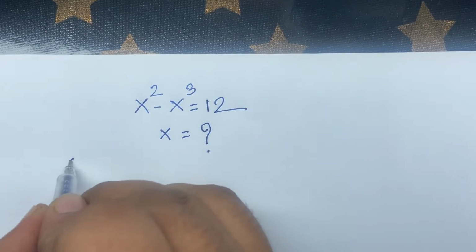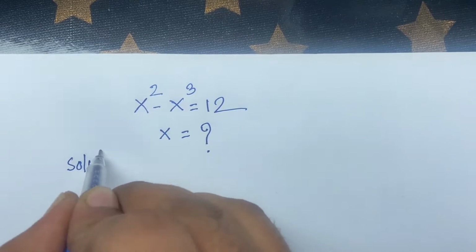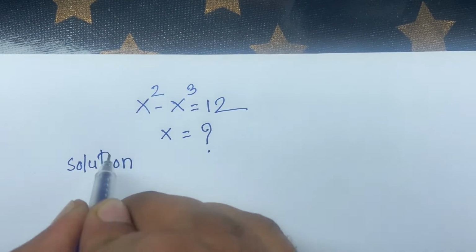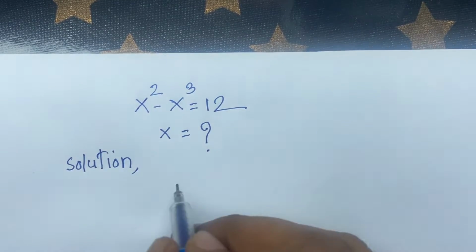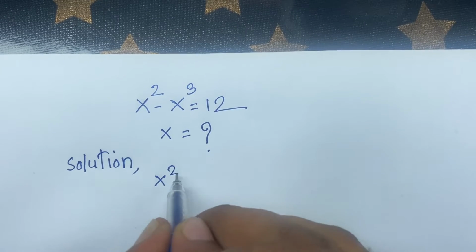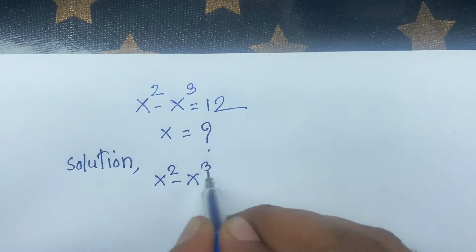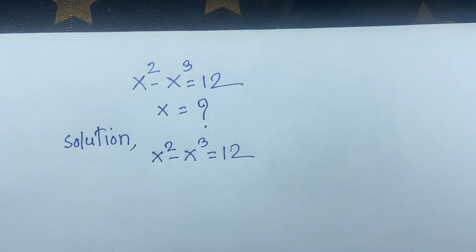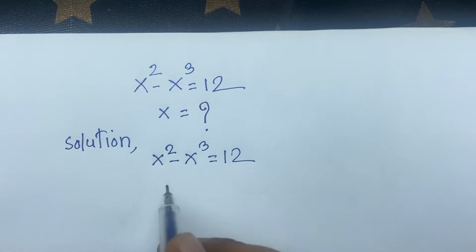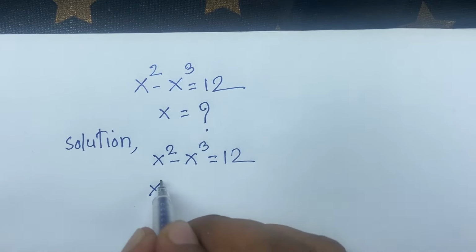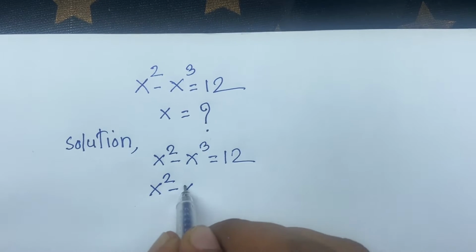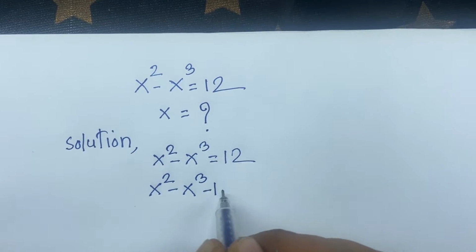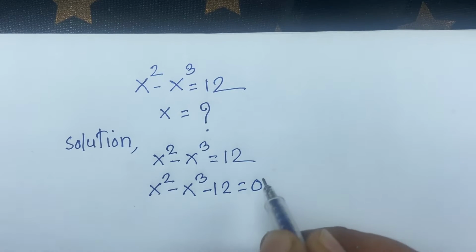So, solution. First of all, I can see easily here is x square minus x cube is equal to 12. Then if I move this 12 to this side, this equation becomes x square minus x cube minus 12 is equal to 0.